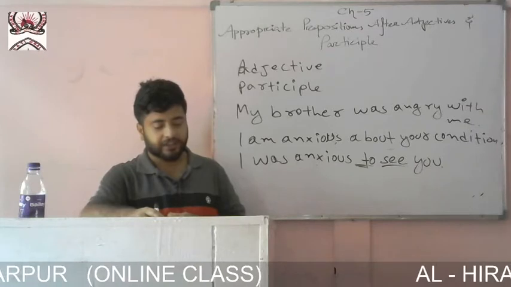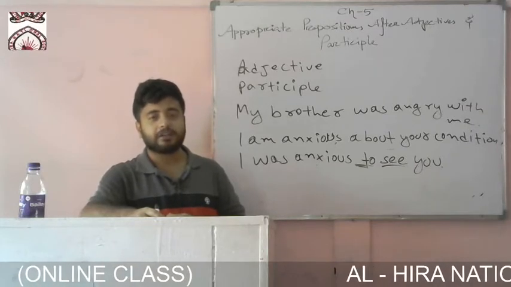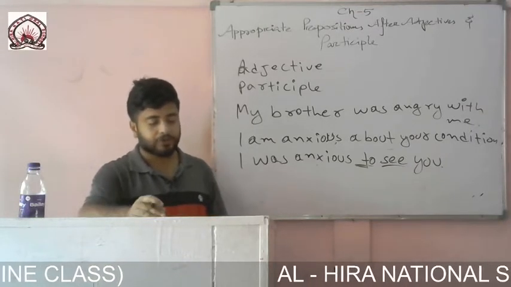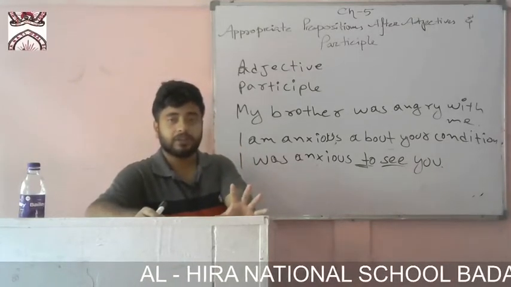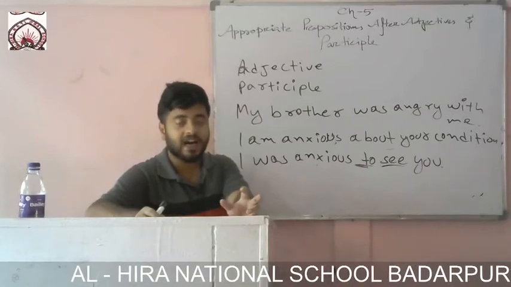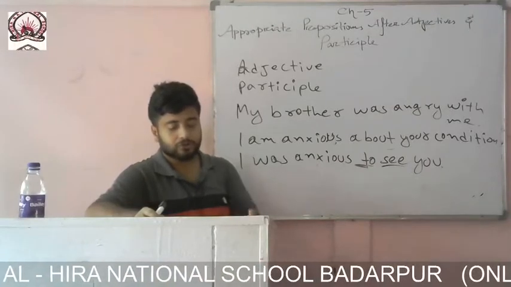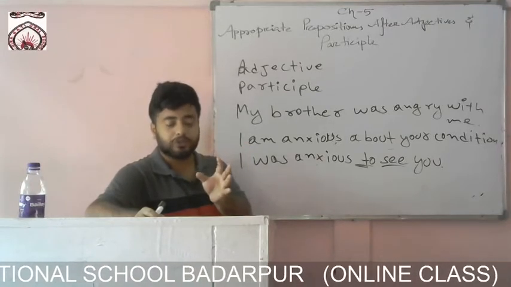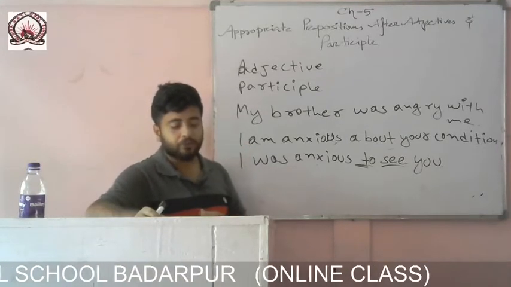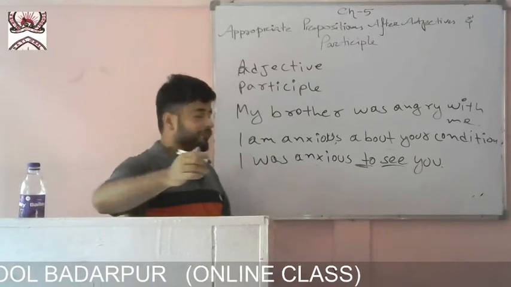She is delighted with me. That means if a person is there, the focus is on her. So delighted at with a thing, delighted with a person, and delighted to, when we have to write delighted to, if a verb is there.